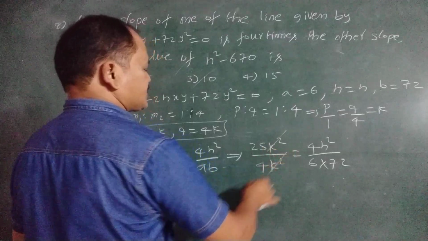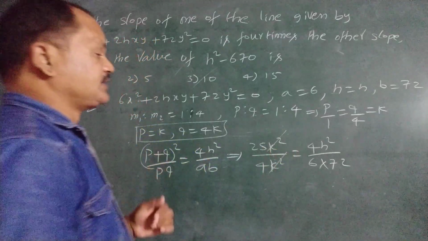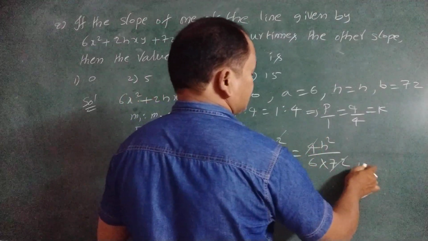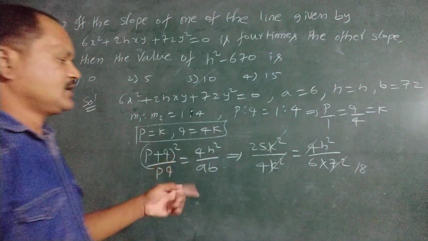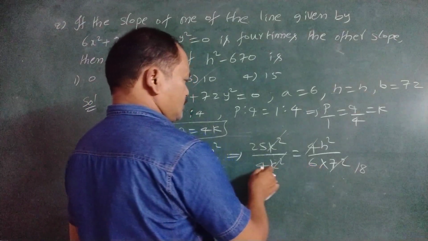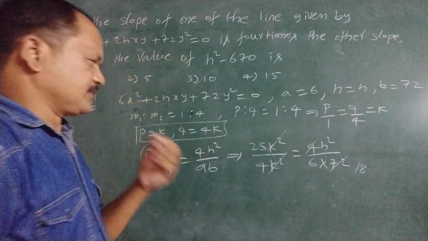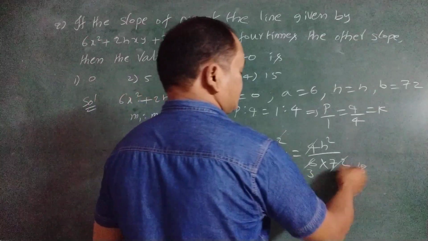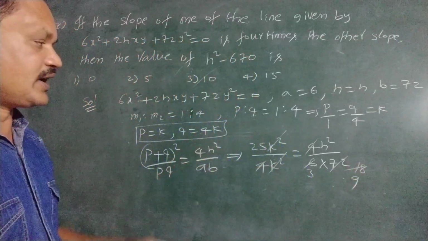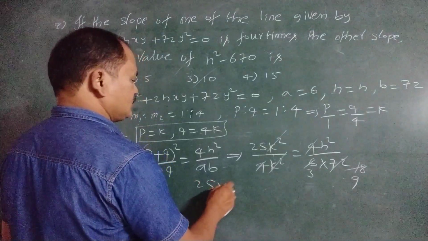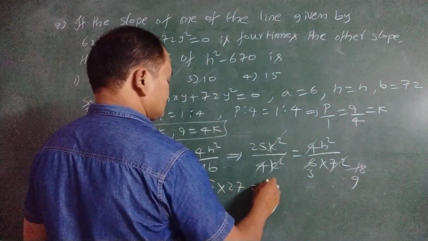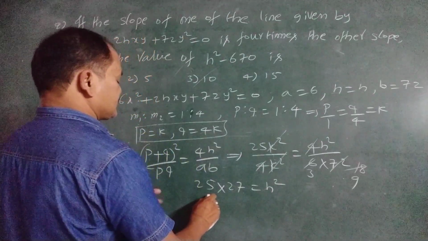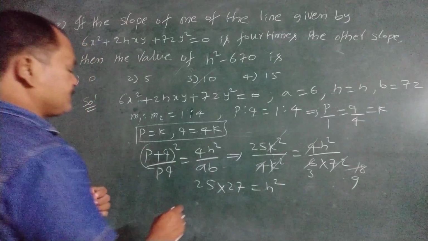Now k² gets cancelled. Here 4 times 18 is 72, that cancels, and here it is 4 times 9, that means 2 times 3 and 2 times 9. So 25 into 27 is equal to h², which is 675.